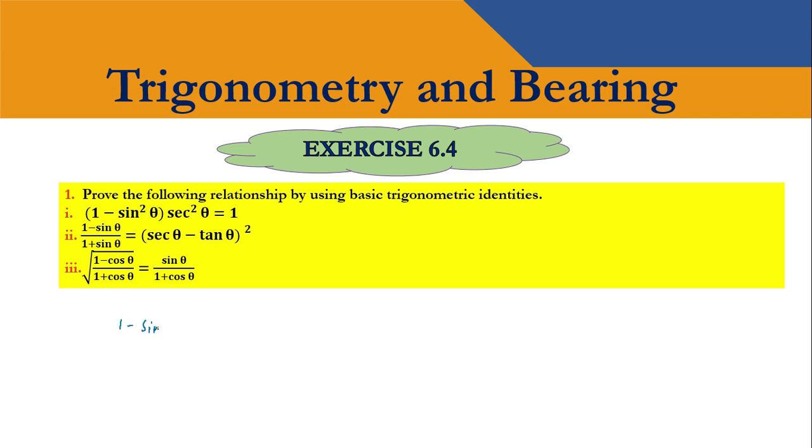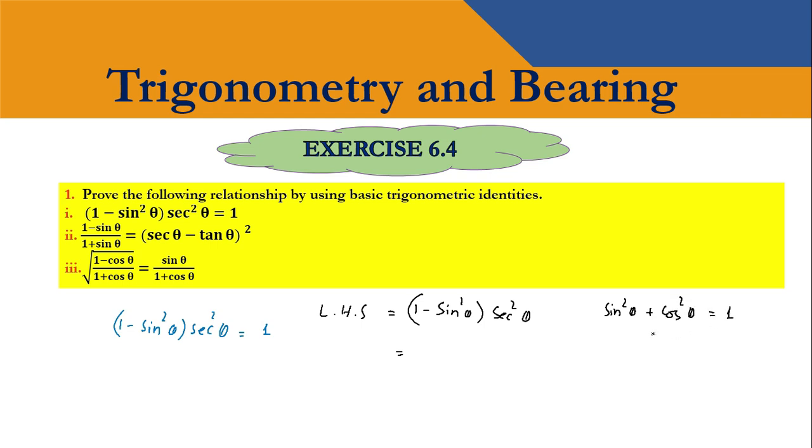1 minus sine square theta into secant square theta should be equal to 1. Now the left hand side of this identity is 1 minus sine square theta into secant square theta. As we know, sine square theta plus cos square theta, a Pythagorean identity, is equal to 1.